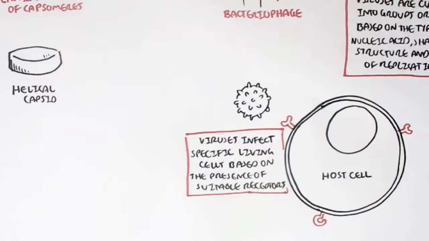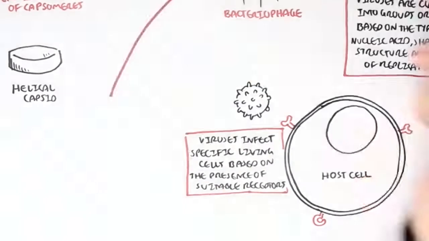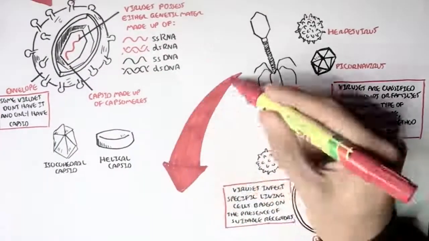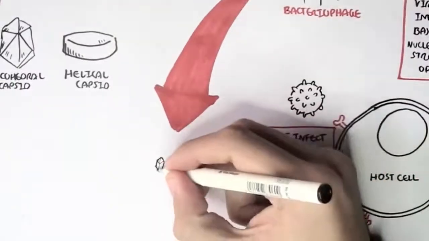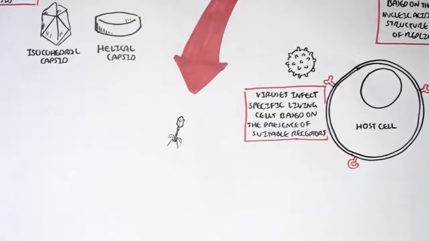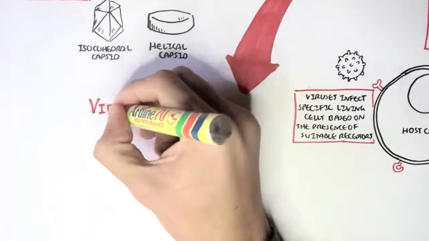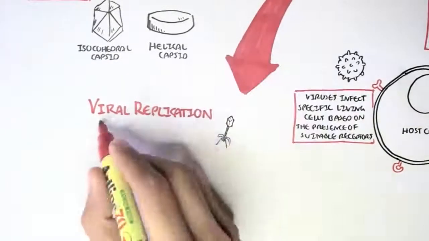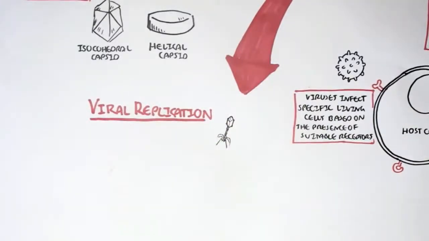Now let's take a look at a popular type of virus called the bacteriophage and see its mode of replication. Remember, a bacteriophage infects bacteria and not humans. Later we will see the general overview of how virus replication occurs inside a human cell, but for now we'll just see how the bacteriophage infects a bacteria.